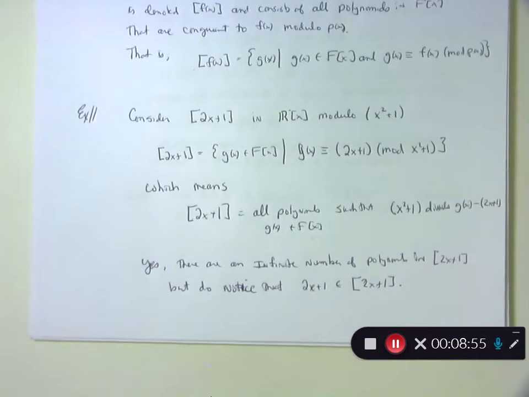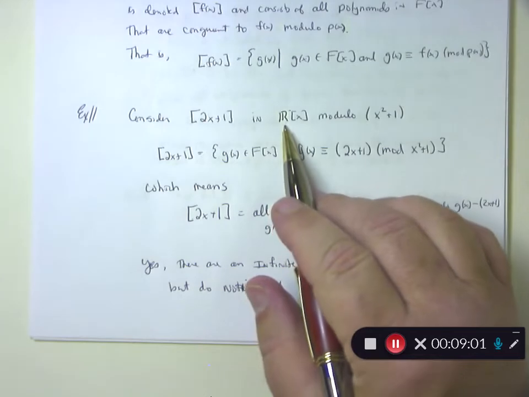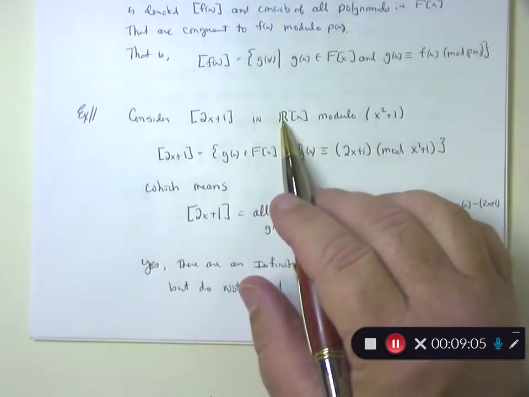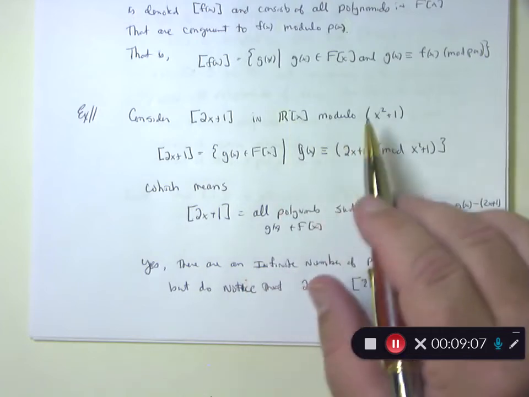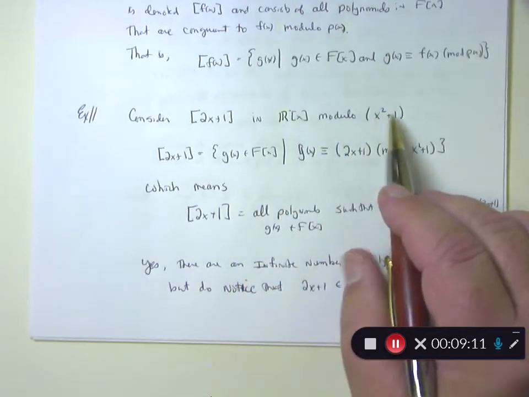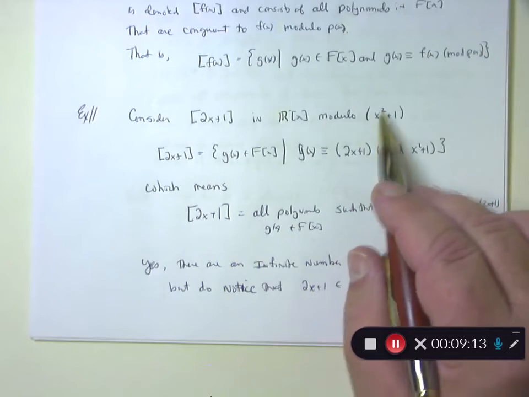Example, consider the equivalence class of 2x plus 1 in R adjoin x, R being the real numbers. So polynomials where the coefficients come from the reals. And we're going to do modulo x squared plus 1. So this is my equivalence class mod x squared plus 1.